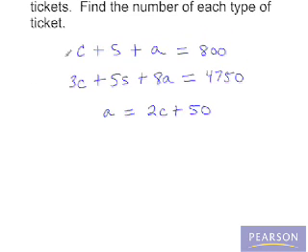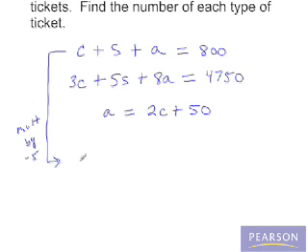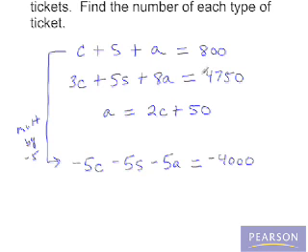Using the elimination method, I'm going to multiply all 4 terms by -5, giving us -5C minus 5S minus 5A equals -4,000. Now we add that to our second equation, 3C plus 5S plus 8A equals 4,750.